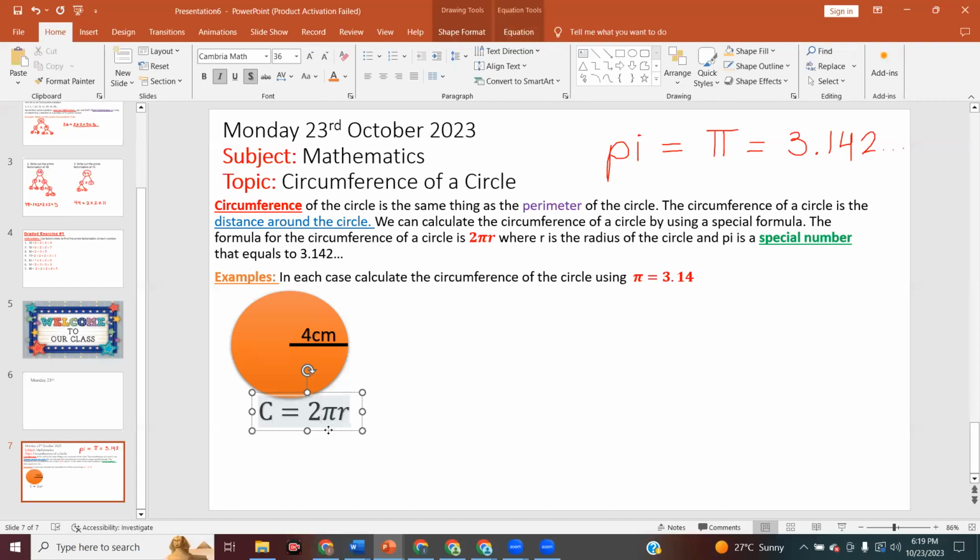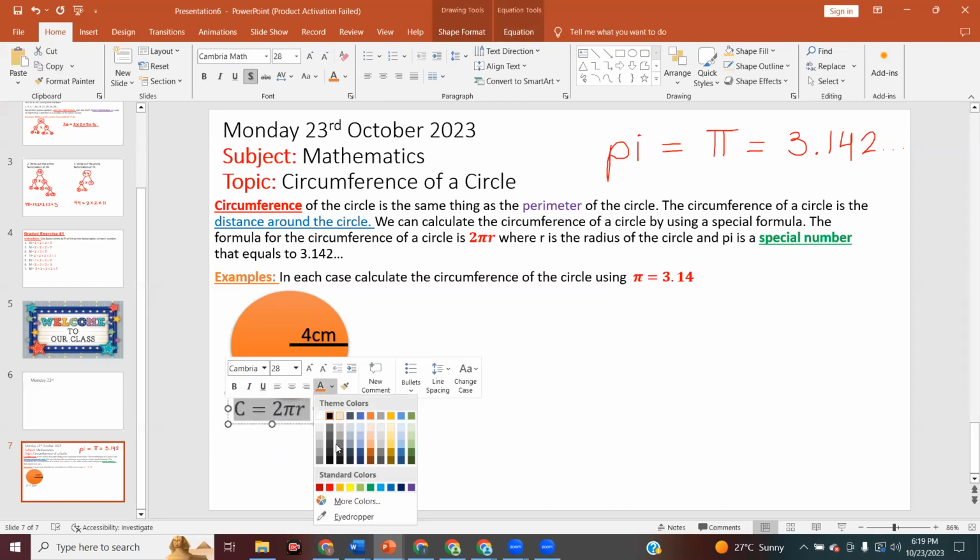Radius. Very good. And what is the radius equal to in this situation? 4 centimeters. Anyway, what is the definition of radius?